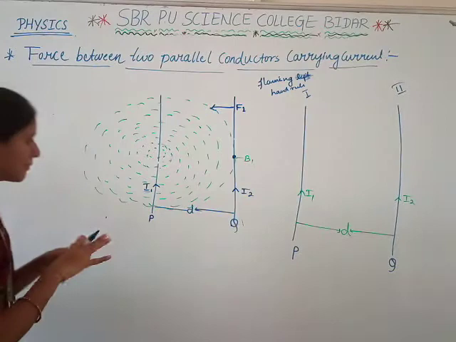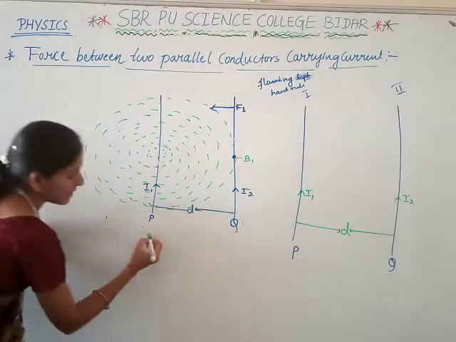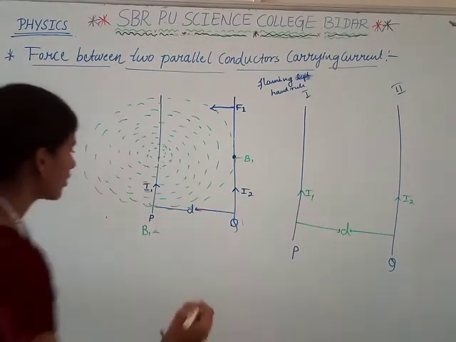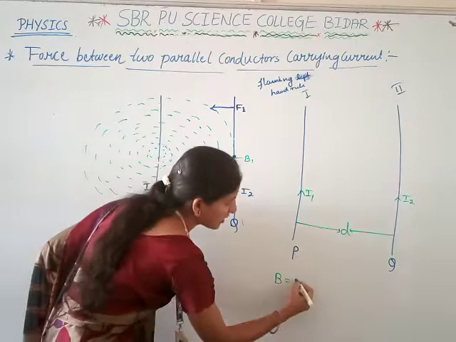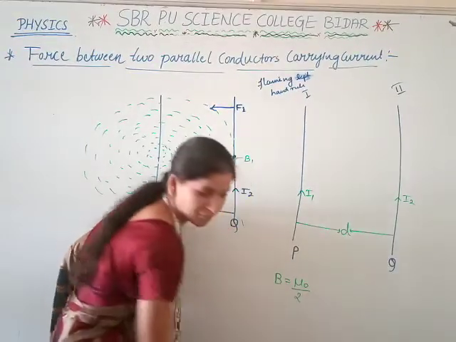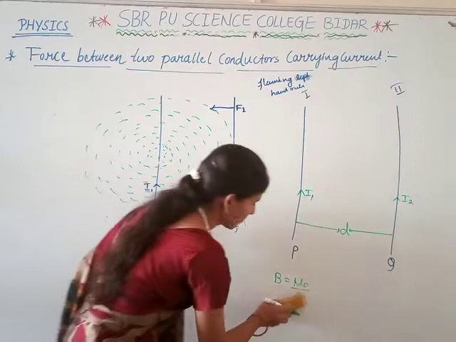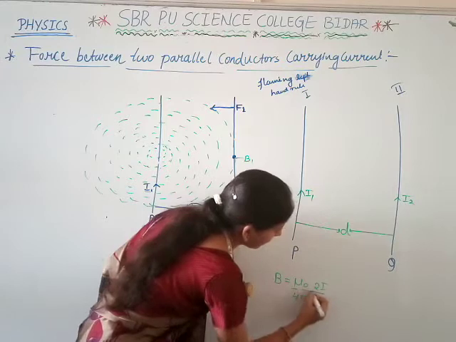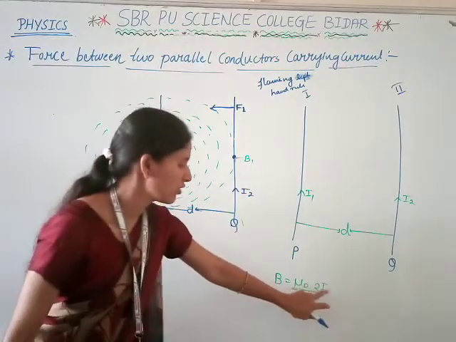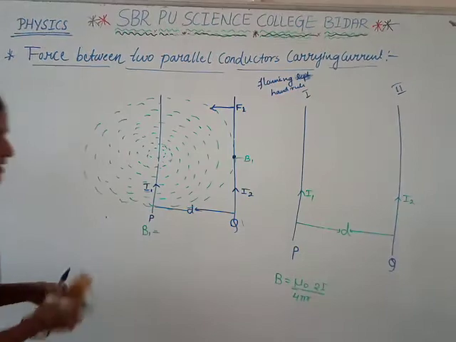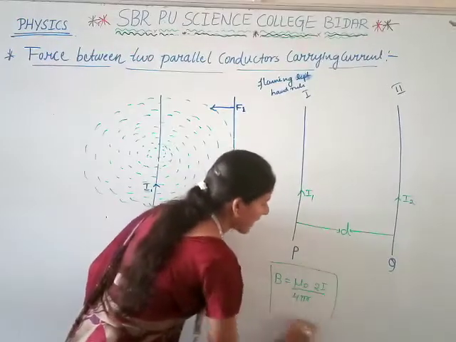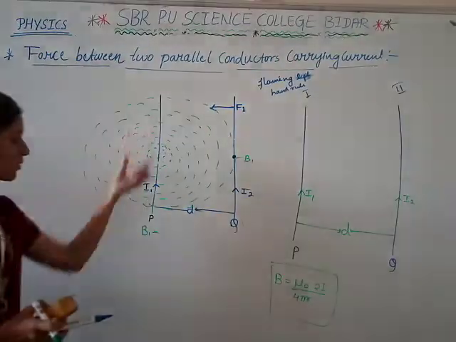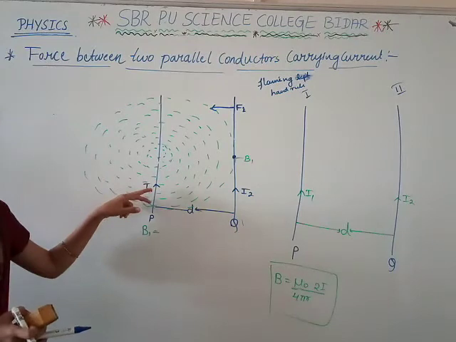Now the formula of the magnetic field B1. The general formula is B equals mu naught into 2I divided by 4 pi r. Here we are finding the magnetic field B1 due to conductor P, in which the current I1 is flowing.